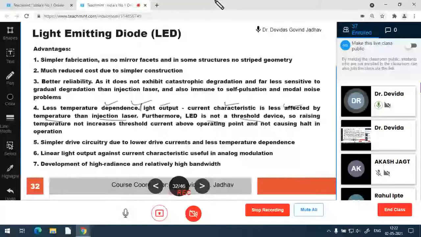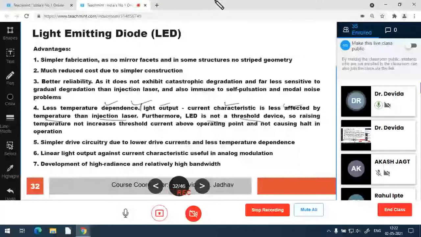The LED is not a threshold device. As we know, laser requires a minimum current to start lasing. LED is not a threshold device. Whatever small current is connected to the LED, it will start emitting a small amount of light.